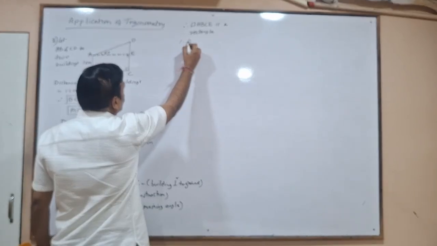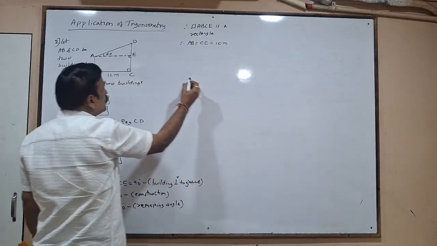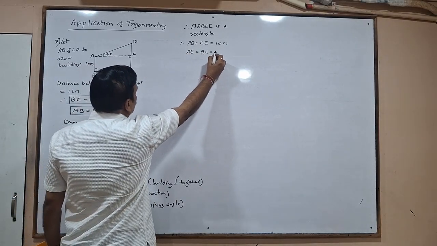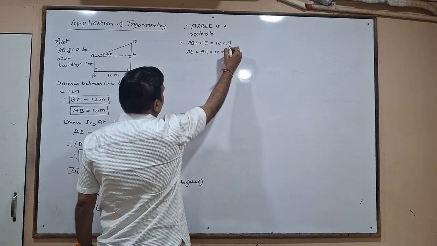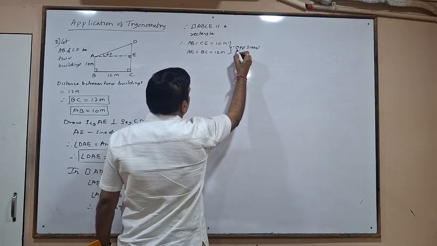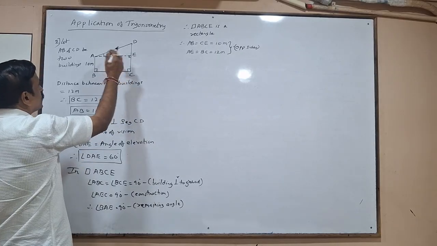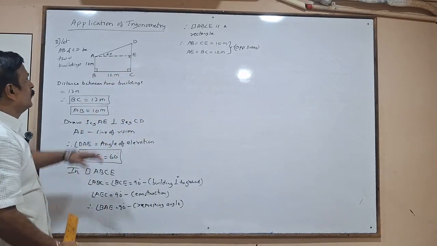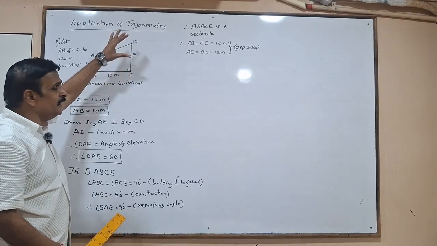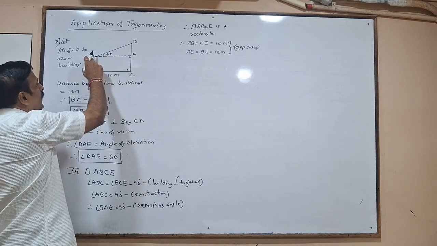So what I'll get? AB is equal to CE is equal to 10 meter. AE is equal to BC is equal to 12 meter. Opposite sides. So now we got this as 10, this as 12. From CD, I have already got EC. What is remaining is DE. To calculate DE, I know AE.